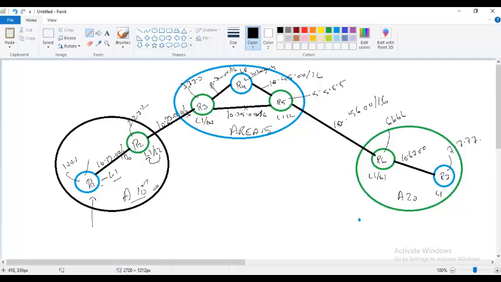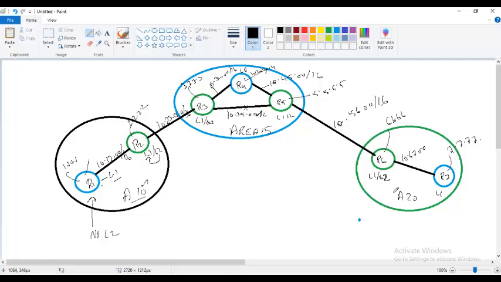No. No is the answer. Which means R1 will not be learning other area routes. Because no L2, no other area routes. No L2, no other area routes. L2 only brings other area route.